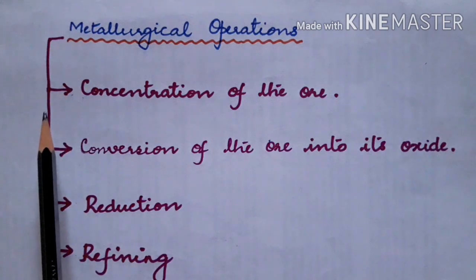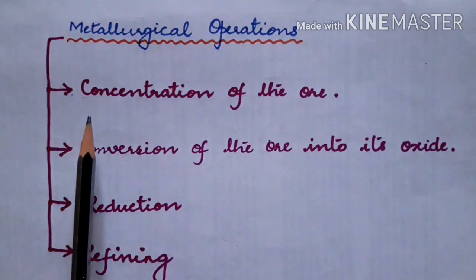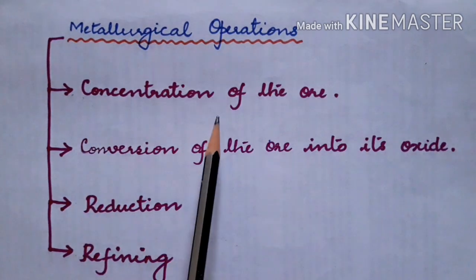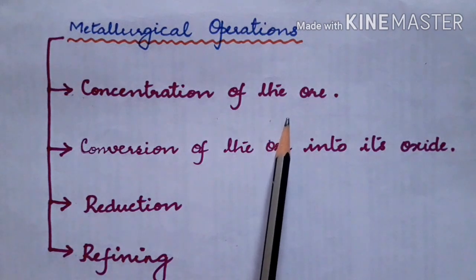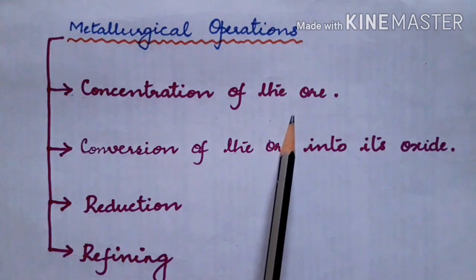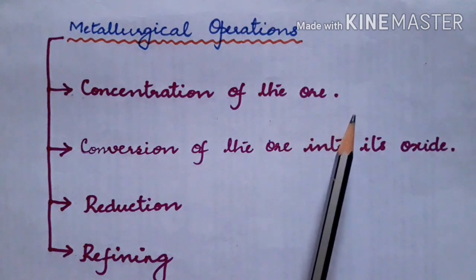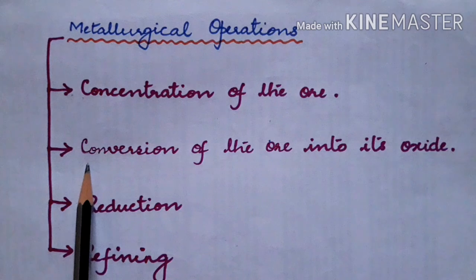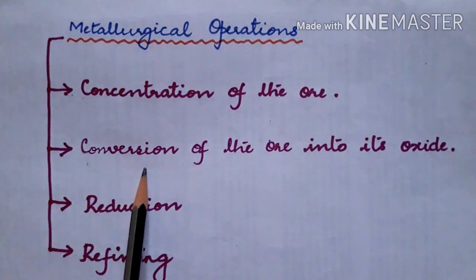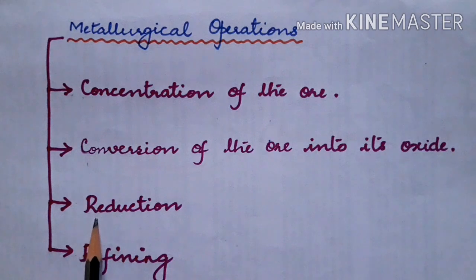There are 4 steps involved in metallurgical operations. First one, concentration of the ore. In this method, we crush the ore particles into fine powder and remove the gangue particles present in it. Second, after you get the concentrated ore, we convert all the ore particles into their oxide, because in the next step we remove the oxygen from it, causing reduction, so that the metal is obtained in very easy steps.